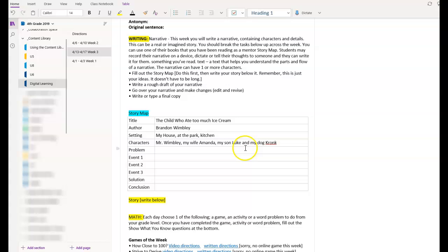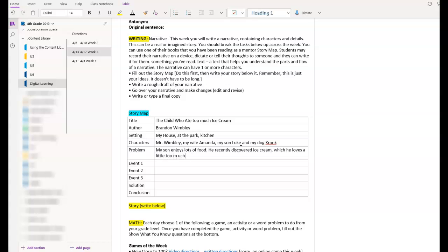And what's the problem? Well, the problem was my son enjoys lots of food. He recently discovered ice cream, which he loves a little too much.